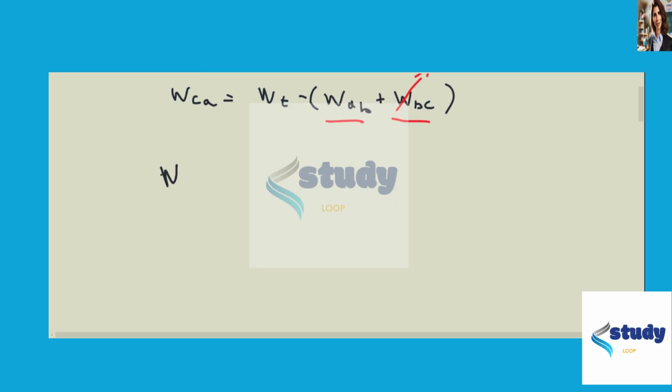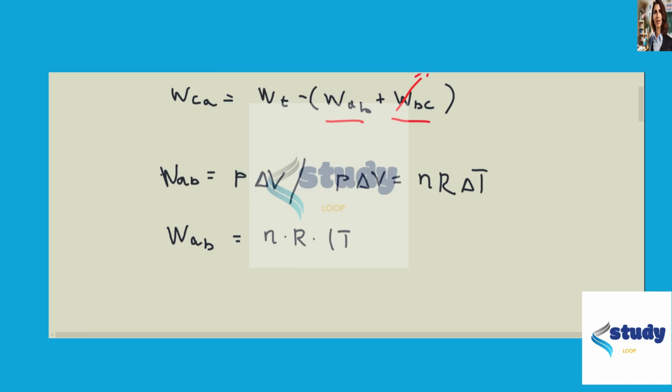Because the work from A to B is under constant pressure, but the volume changes, so it will be P delta V. Now, from the ideal gas equation, we know that P delta V can be related to nR delta T, or the change in temperature. So we can substitute that the AB work is actually the number of moles times the gas constant times the change in temperature, T_B minus T_A.